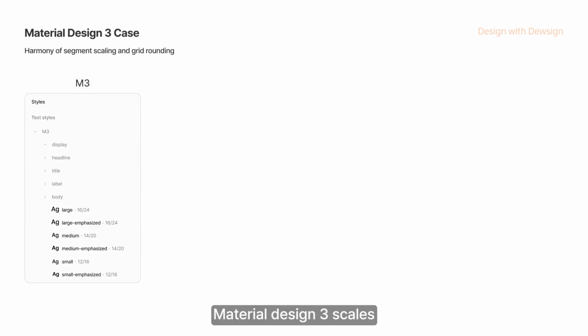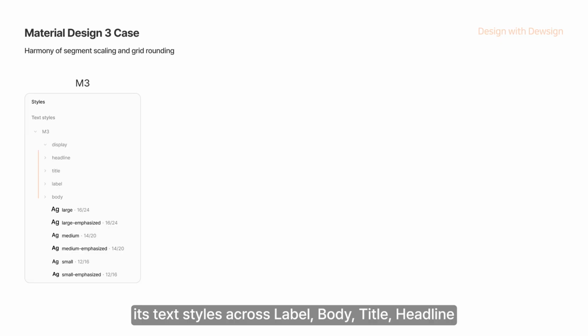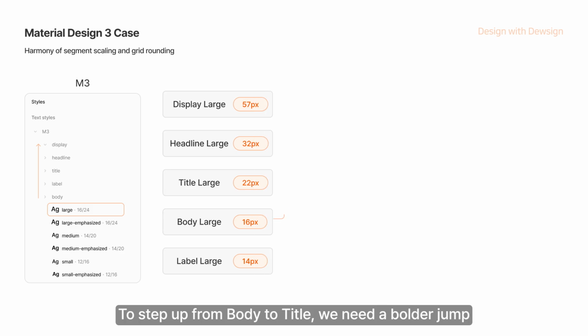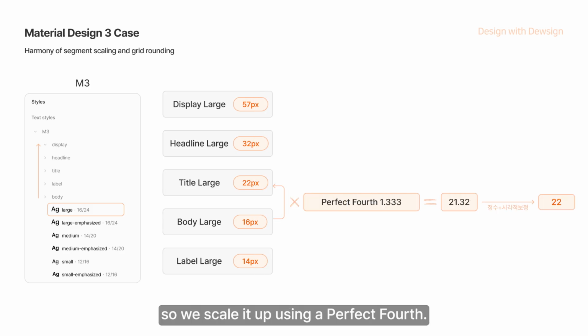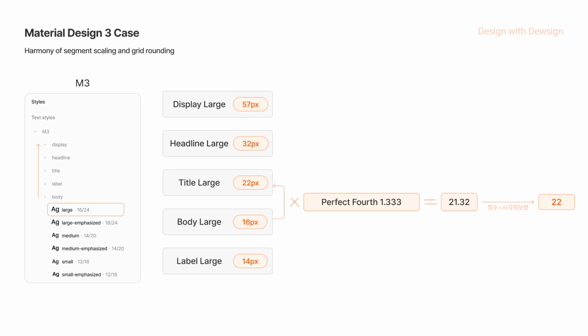Material Design 3 scales its text styles across label, body, title, headline, and display to create distinct visual contrast. Among these, body large is set as our baseline at 16 pixels. To step up from body to title, we need a bolder jump, so we scale it up using a perfect fourth.